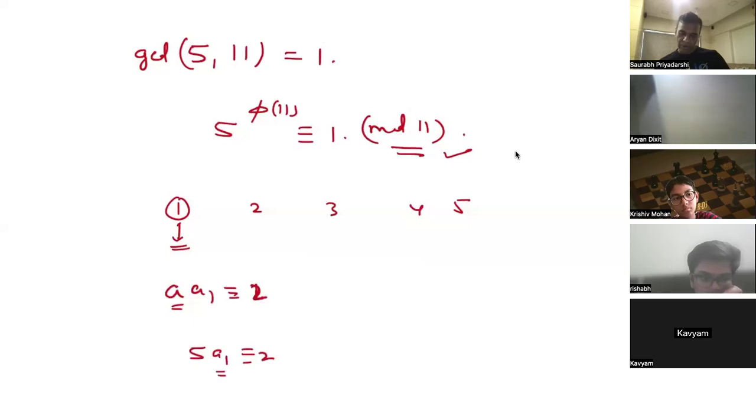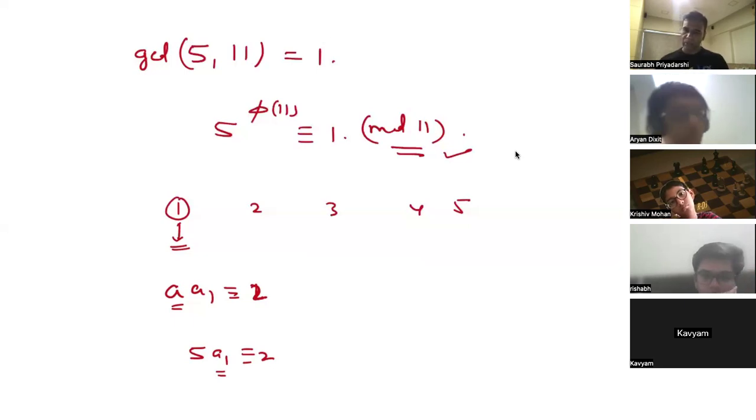So 1 is not possible, 2 is not possible, 3, right? 4, this will be 25, 6, what number are you getting? 28. You have to divide this by 11, right? So you have to get the same number in this form.